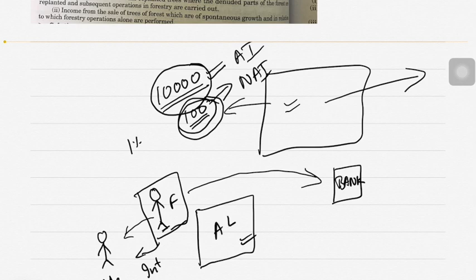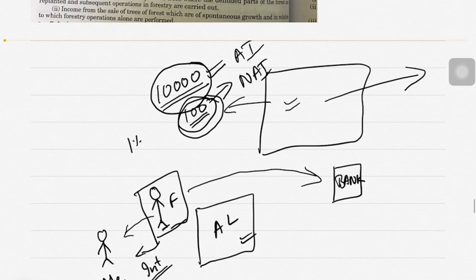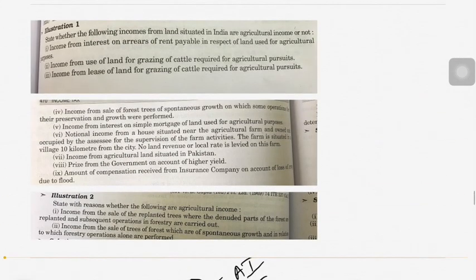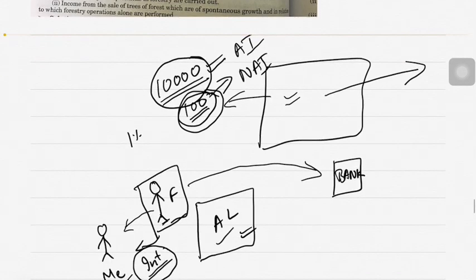This land is agricultural land, but the interest my friend is paying is because my property is in mortgage. So this interest is not an agricultural income. Got it? Income from interest on simple mortgage of land used for agricultural purpose: the land is used for agricultural purpose, but this interest which is received is not agricultural income.